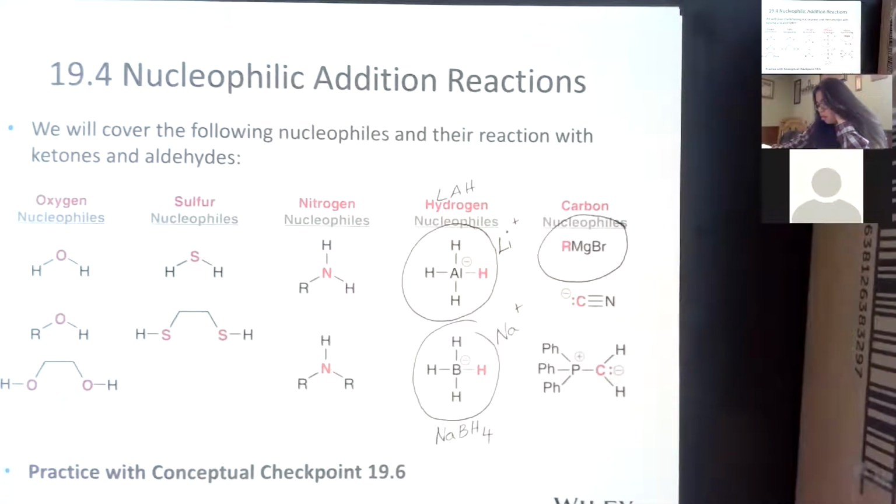So we will be studying these as, I think the next one, which I'm going to start now, is the oxygen nucleophiles. And then I think we look at the nitrogen nucleophiles and so on.